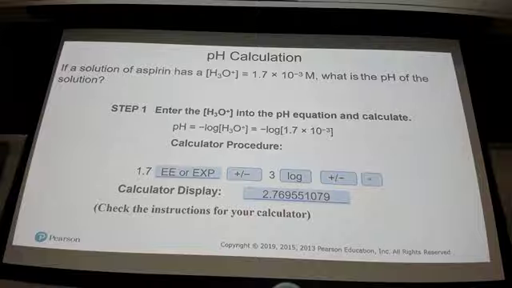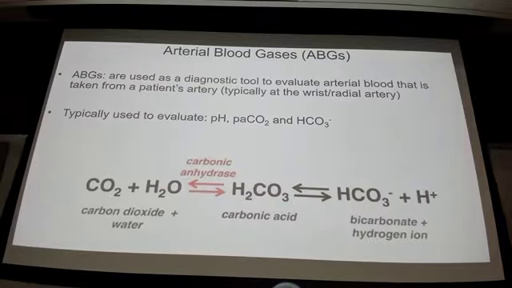We talked about arterial blood gases and their importance as well. Of course, this assay is measuring our body's metabolic functioning, and it's evaluating the body's pH, the carbon dioxide levels, and the bicarbonate levels in the body to ensure that the body is maintained at its proper pH.